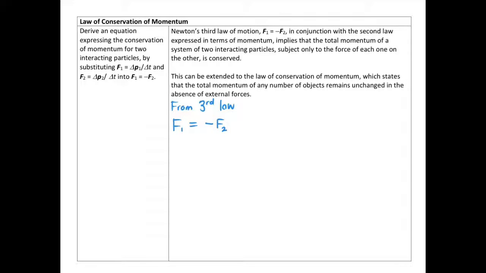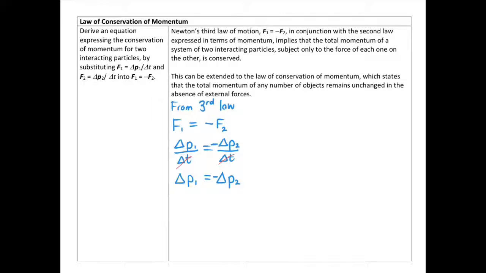Now we know from what we've just looked at that force can be considered as the change in momentum of object 1 over the time for that change, and this can be considered as the same for object 2. Obviously we can cancel out the times there, so we get left with the change in momentum of object 1. So if we're thinking about those cars, the change in momentum of the blue car in a collision will be equal and opposite to the change in momentum of the red car.